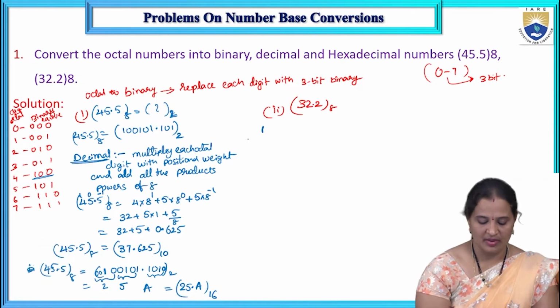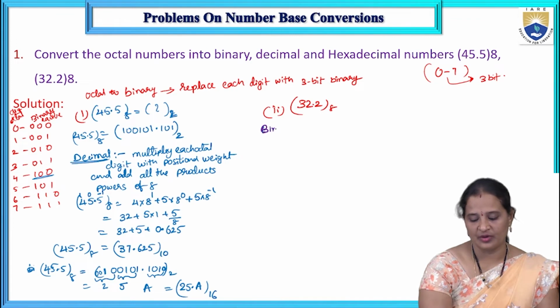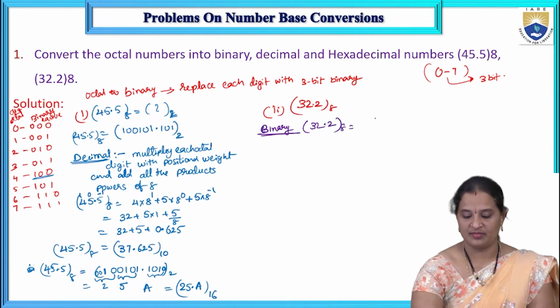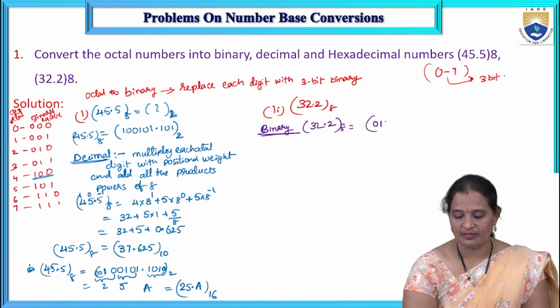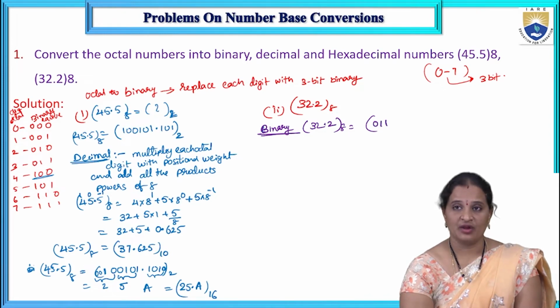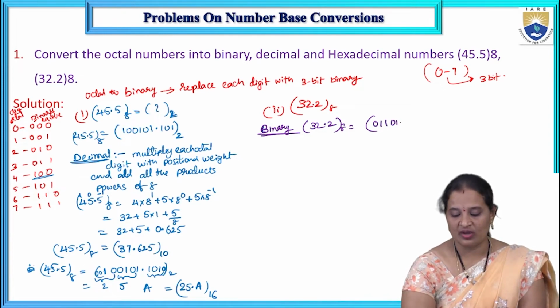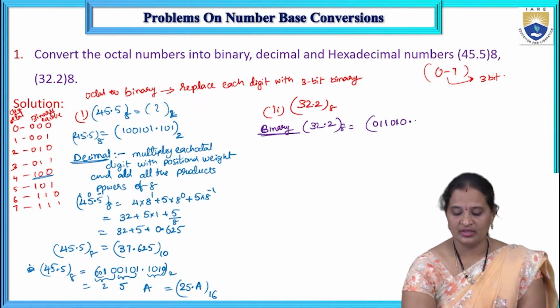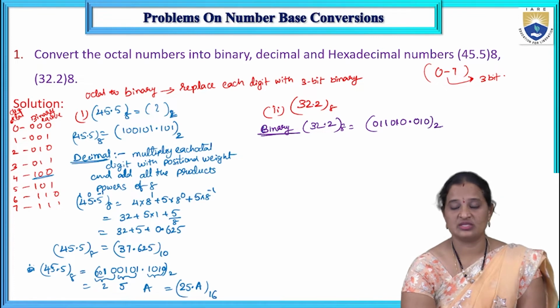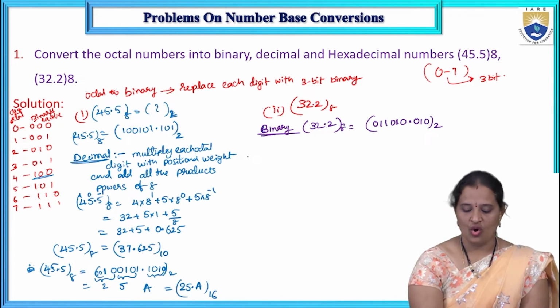So the binary equivalent of 32.2 can be given by replacing each digit with its 3-bit binary equivalent. So 011 is the binary equivalent of octal digit 3, 010 is the binary equivalent of octal digit 2, and 010. So this is the binary equivalent of the given octal number.